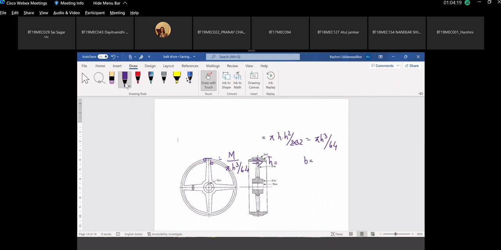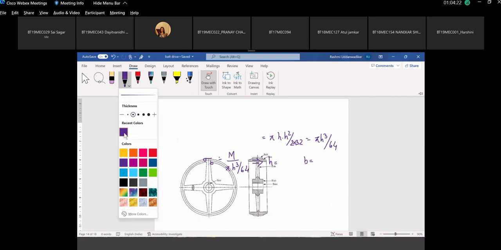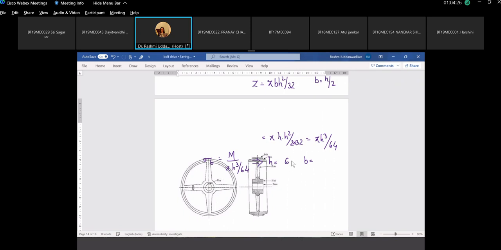So let me take H as 60, B as 30. All of you are getting the same answers?